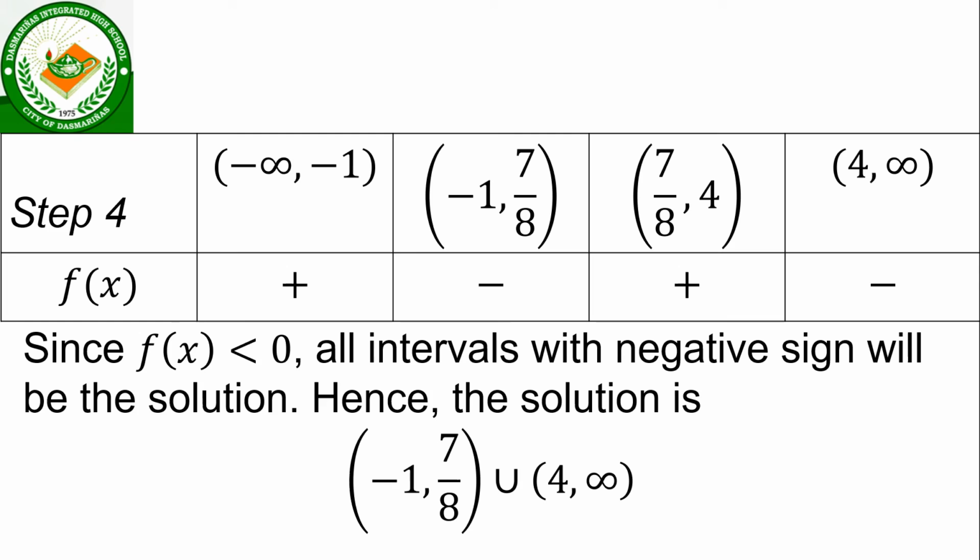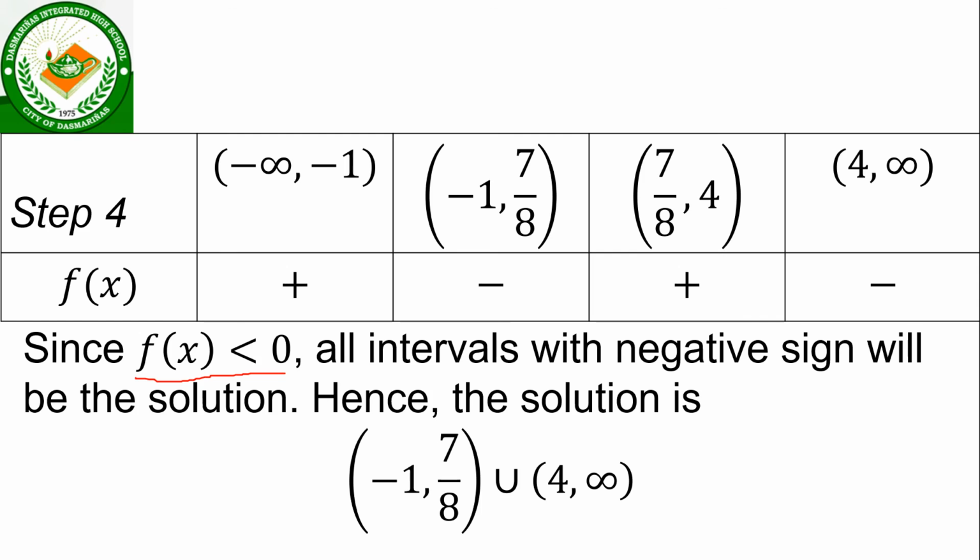And for 4, exclusive up to infinity, negative. Since we all know that negative 8x plus 7 all over x minus 4 multiplied by x plus 1 is less than 0, it is of the form f of x is less than 0. All intervals with negative sign will be the solution because it must satisfy the inequality.